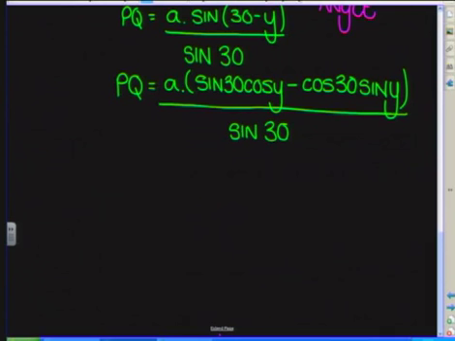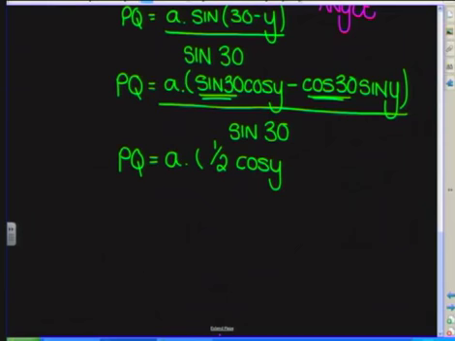Let's now, I hope what you've now spotted is that I've got some special angles that I can work with over here. I've got a multiplied by sine of 30, which is the special angle of a half, multiplied by cos y. And cos 30 is root 3 over 2 multiplied by sine y.